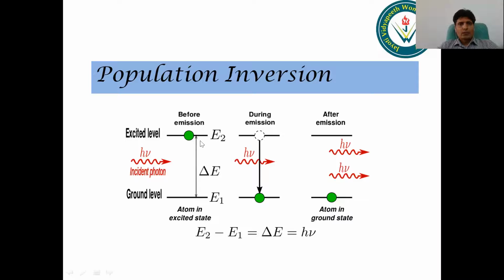Before the emission, the atom is in its excited state, and the energy difference between these two states is delta E. When an incident photon of energy h nu hits this atom, and this energy h nu must be equal to the energy difference of these two levels, delta E, the atom will decay down to its ground state, and in the output we will have two photons, each of energy h nu.